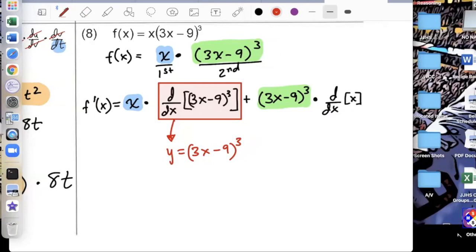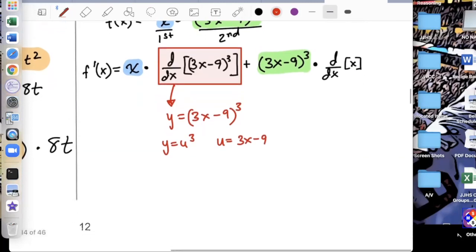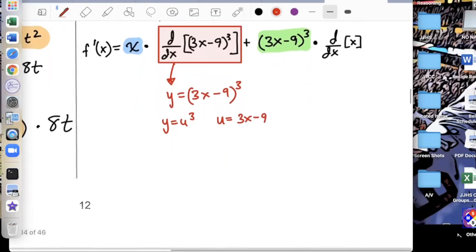All right, the u would be the base of that function, and y would be u raised to the third power. All right, differentiate each part. Then it's just a matter of putting it back together.